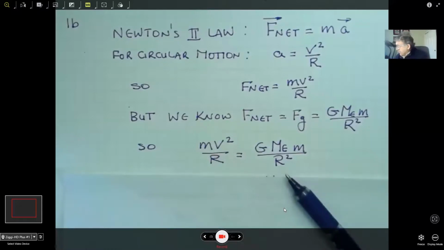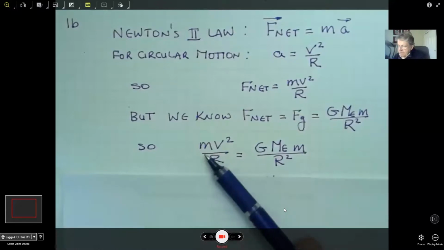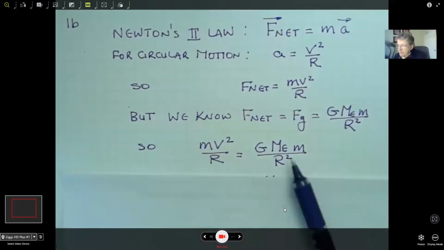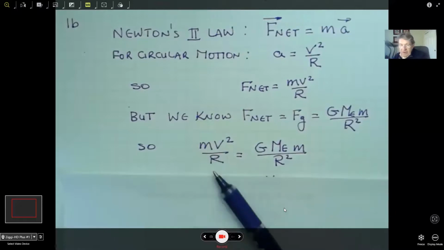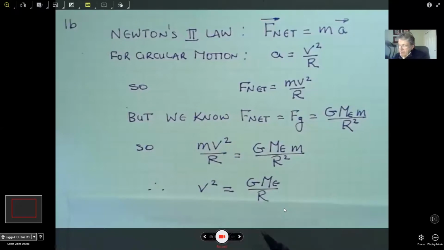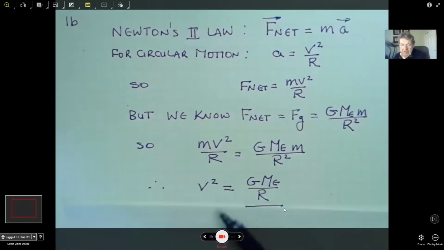This can be easily simplified. We notice that m, the mass of the spacecraft, appears on both the left and right hand sides of the equation. They can be cancelled. Also, we've got in the denominator an r here, r squared on the right hand side. We can cancel one of those. And so simplifying this expression, we get a simple equation: the square of the velocity is equal to G times the mass of the Earth divided by the radius of the orbit.